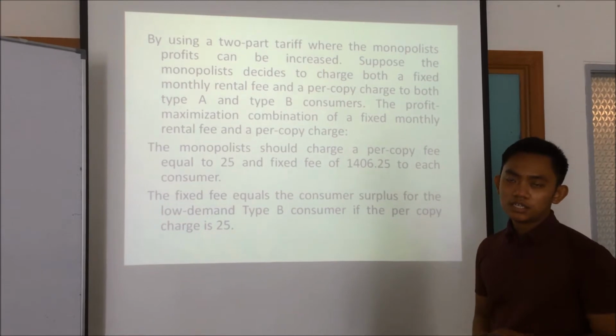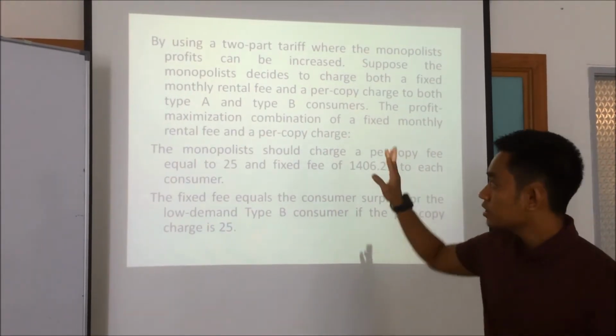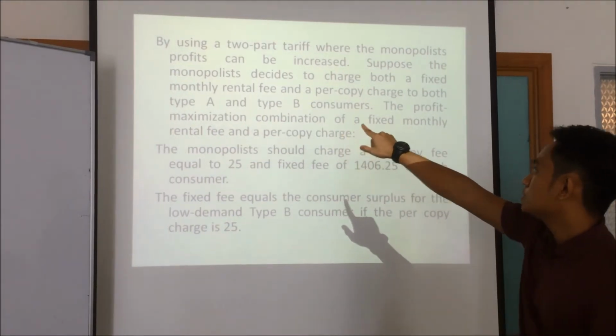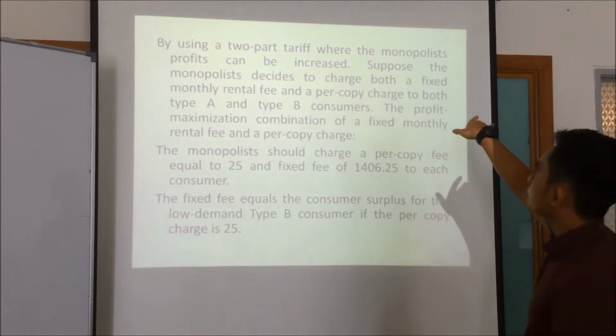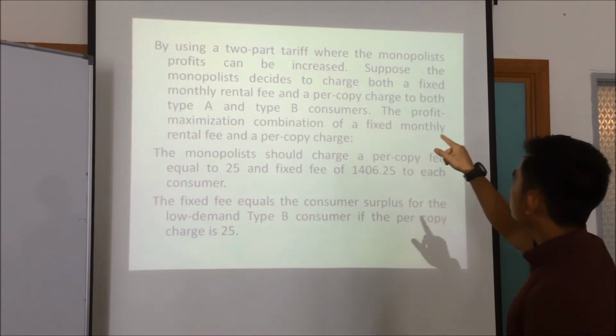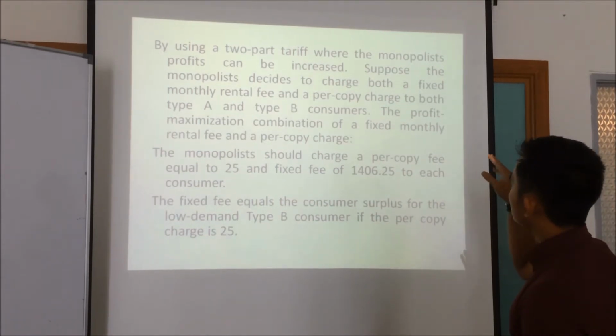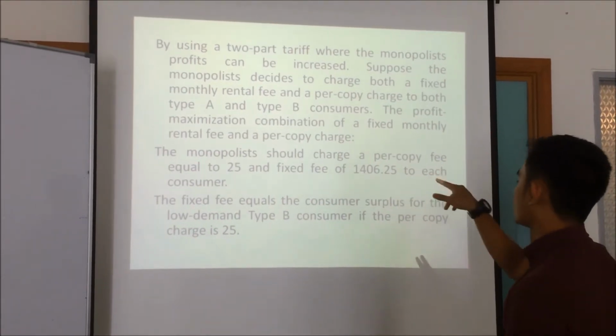This is the last part of the calculation in the tariff. The question is, by using the two-part tariff, where can the monopolist's profit be increased? Suppose the monopolist decides to charge both a fixed monthly rental fee and a per copy charge to both type A and type B consumers.